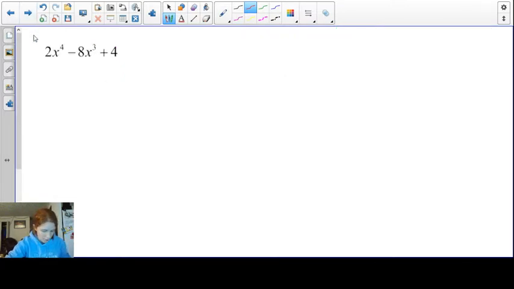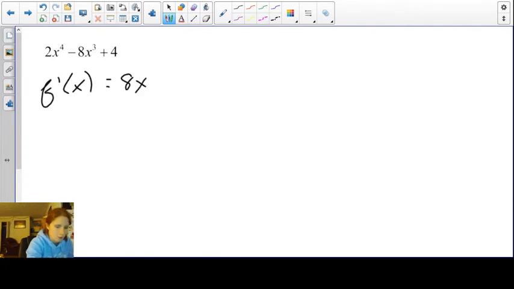All right, let's try this next one. We have f prime of x is 8x cubed minus 24x squared. Take that and set it equal to 0.